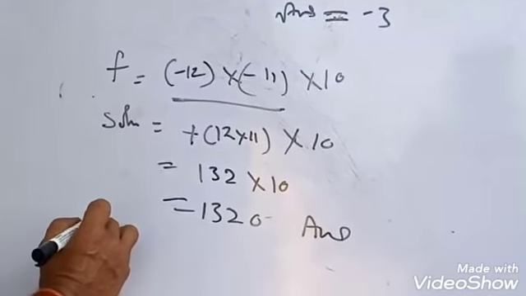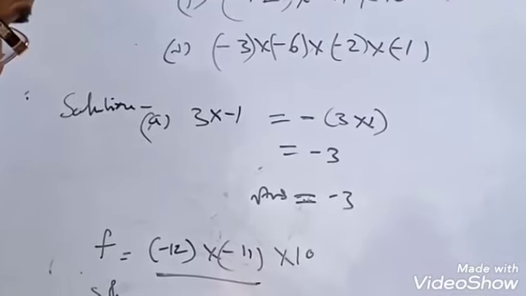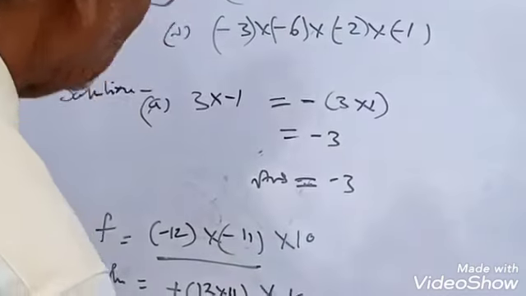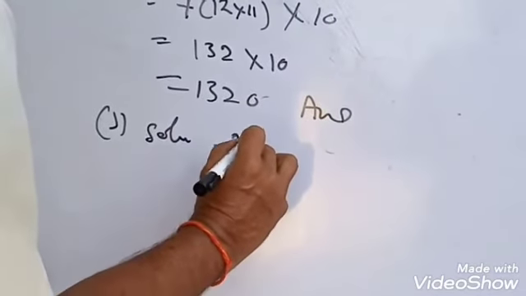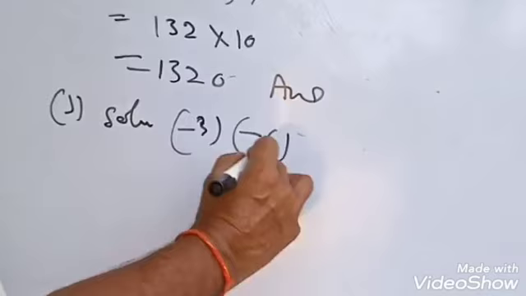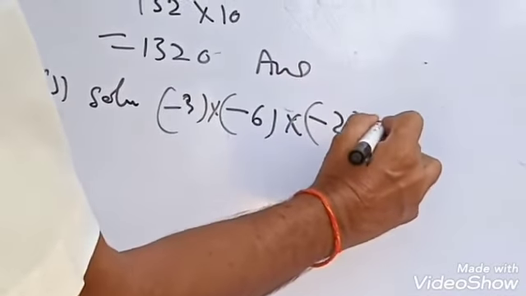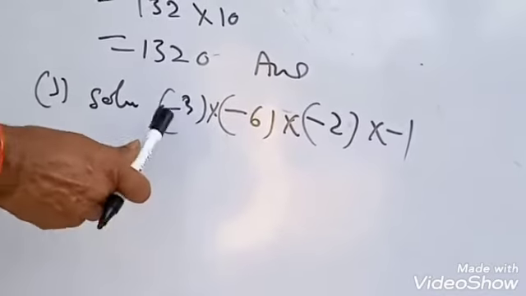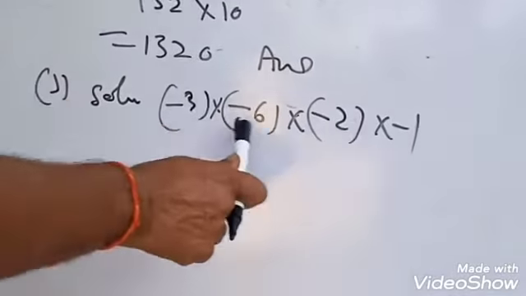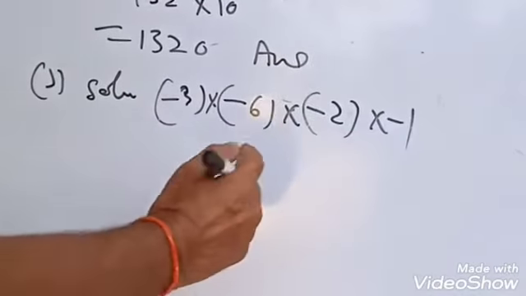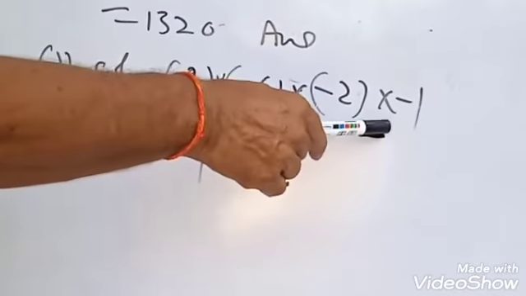Now for J. Solution is minus 3 into minus 6 into minus 2 into minus 1. So these four integers have minus signs, and when multiplied, these are even in number.